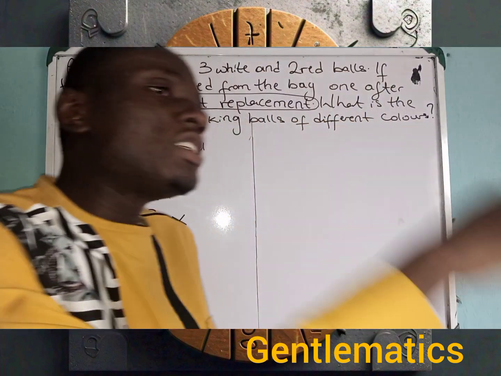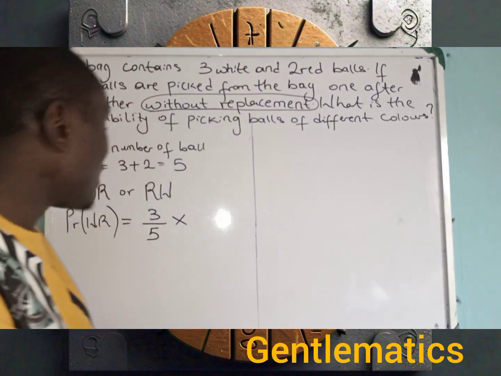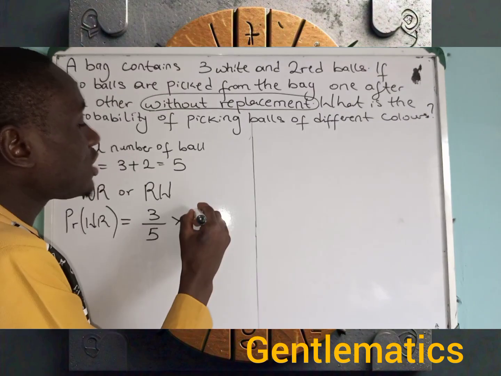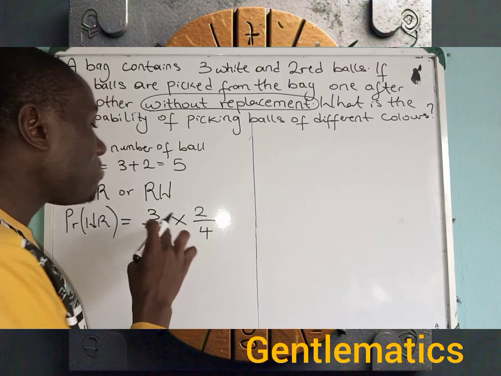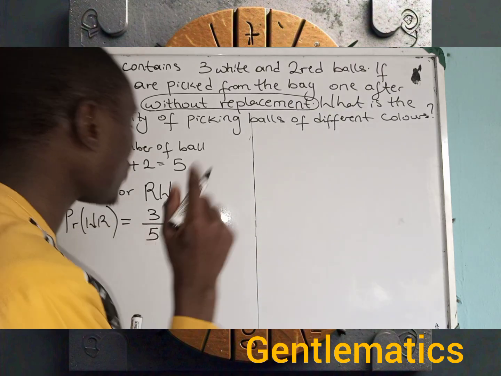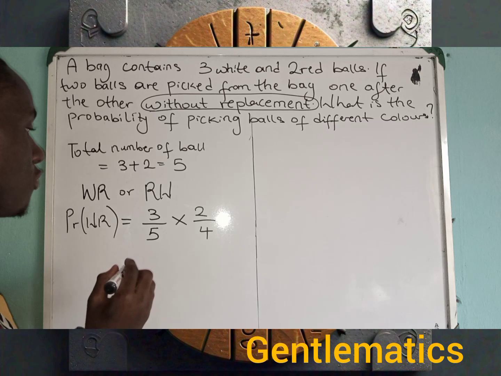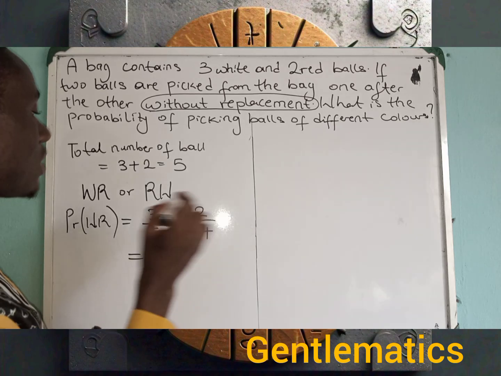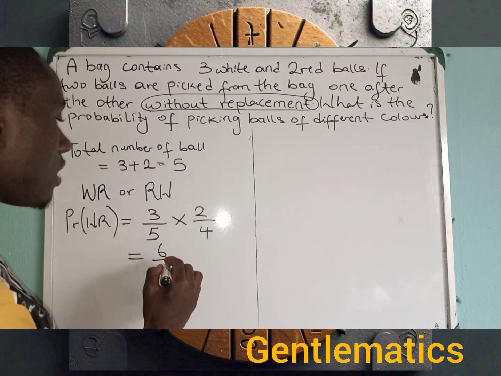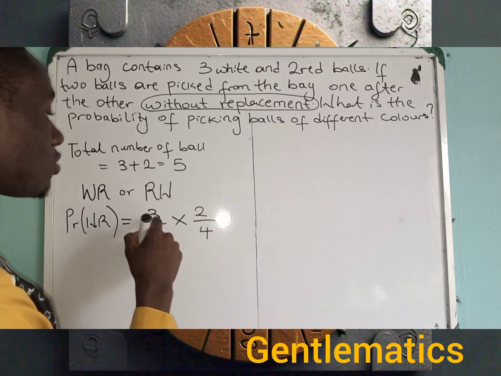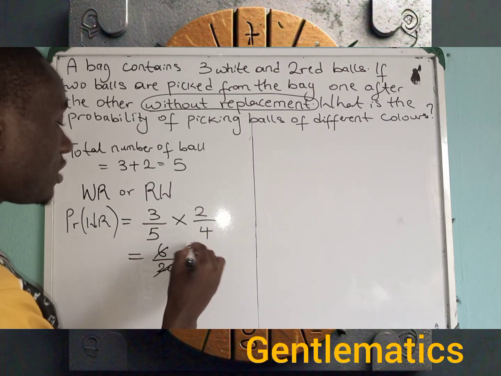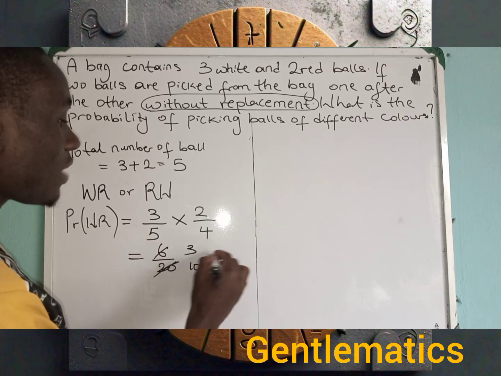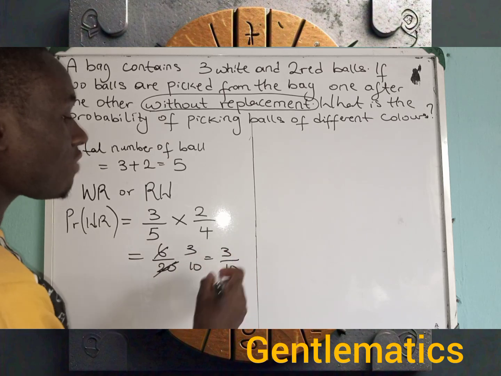So when we pick one of the balls, we're not putting it back inside. The red ball is still 2, but the total now will be 4, since we did not replace the one we picked from here. Hope that is clear. So if you solve this, we have 3 times 2 is 6, 5 times 4 is 20, 2 here 3, 2 here 10. So we have 3 over 10 for this.